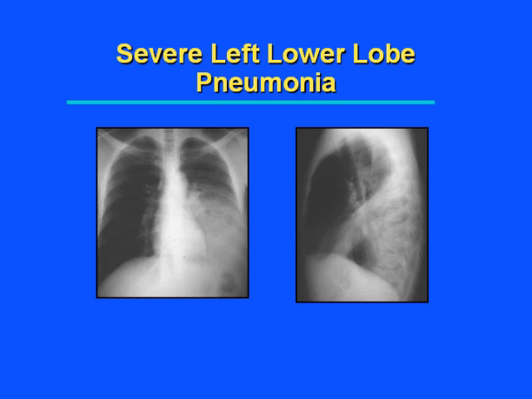On the left-hand picture is the anterior view of the chest, and on the right-hand is the lateral view of the chest. And look, here you can see the major fissure outlined. So again, this involves the entire left lower lobe, and you would have extensive abnormalities over this part of the chest.